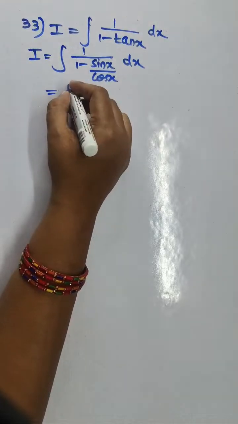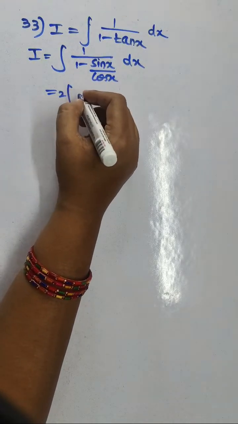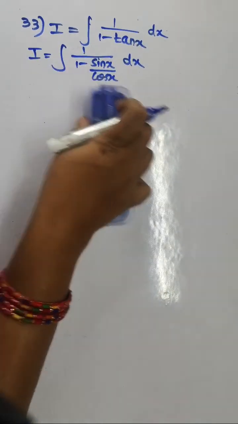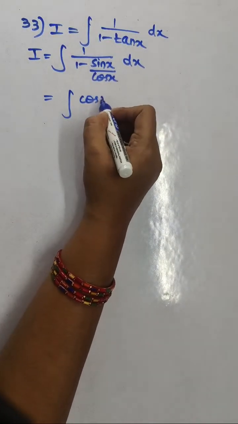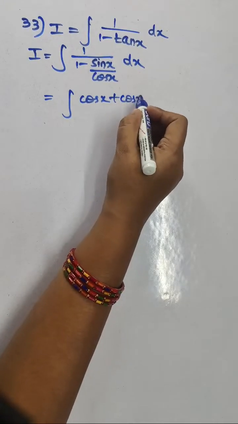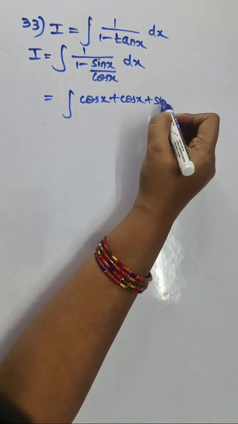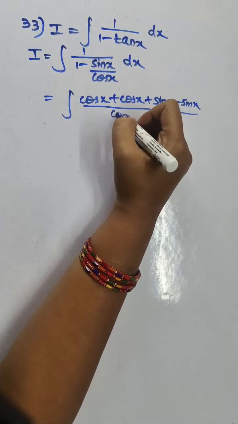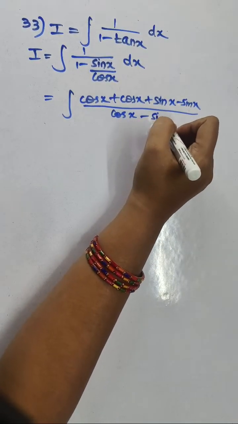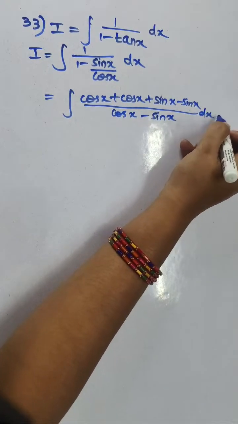Take the LCM and multiply and divide by 2. So we get 2 cos x, that we can write as cos x plus cos x. Add and subtract sin x in the numerator, and in the denominator you have cos x minus sin x dx.